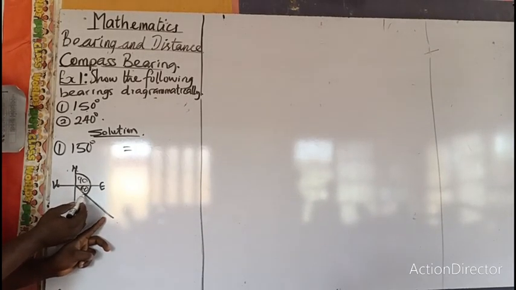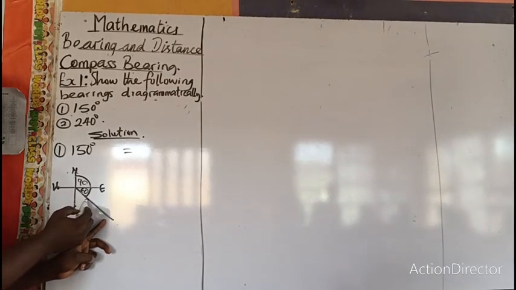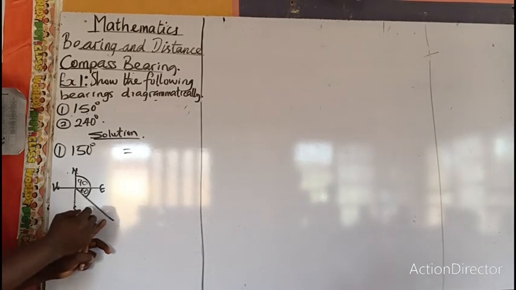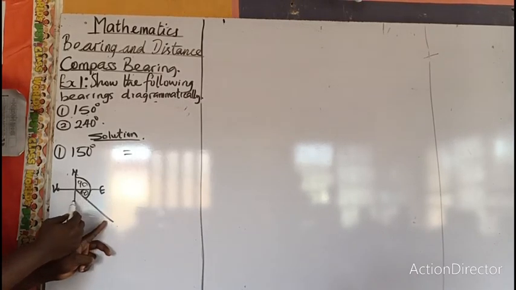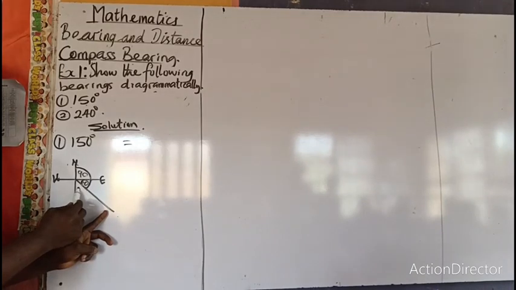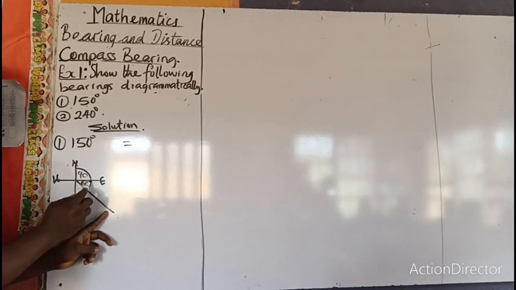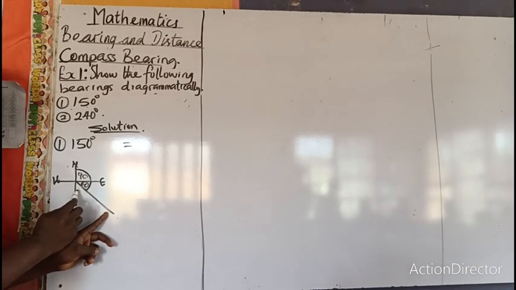Now, what will be from here to here? What we have here is from here to here, which is 60. But this is the southeast, so it has to be from here to here. And what will be from here to here? It will be 30, because you know that 60 and 30, everything in this corner is supposed to be 90 degrees. So this will be 30 degrees.